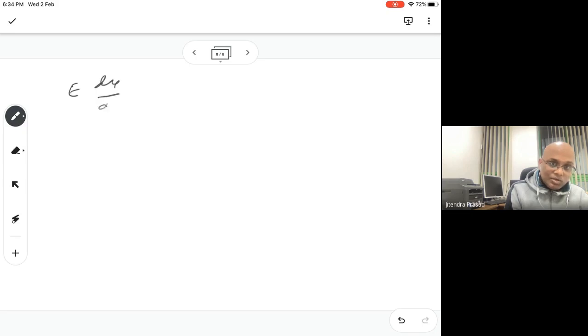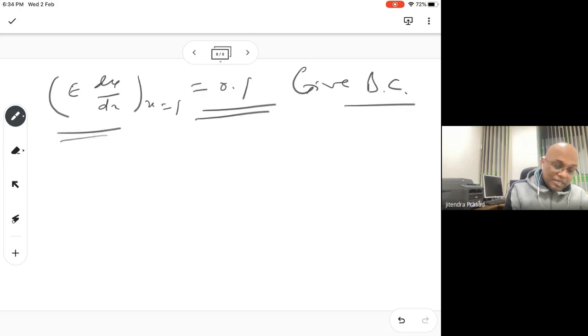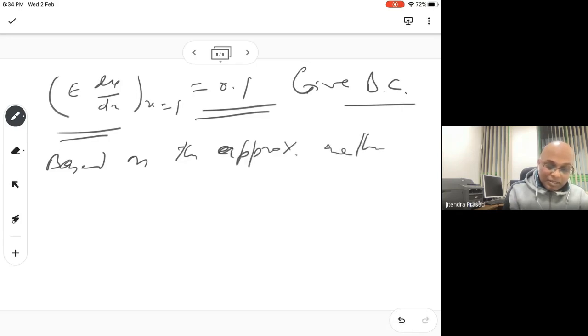You are given du over dx at x equal to 1 equal to 0.1, but this is the given boundary condition. But based on the approximate method, E du over dx will be equal to E times, what do you get? E times alpha 1. If you put that value here, you may not get 0.1.